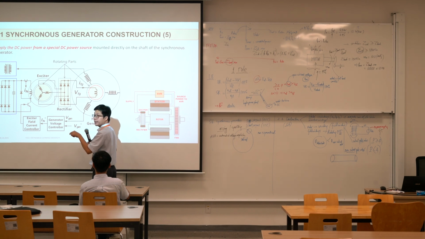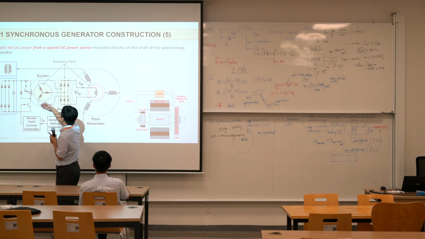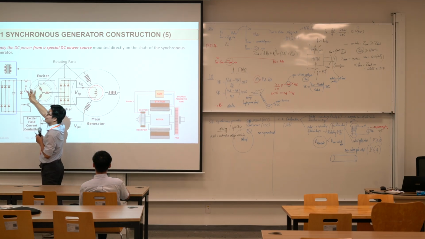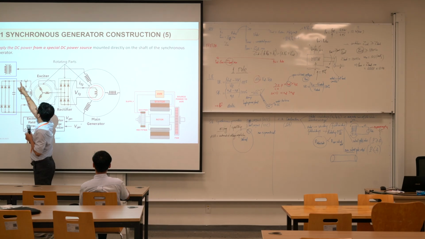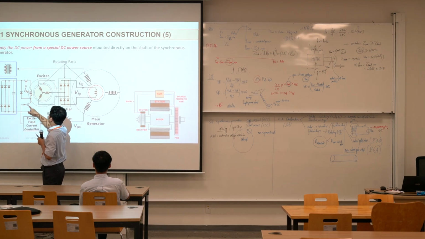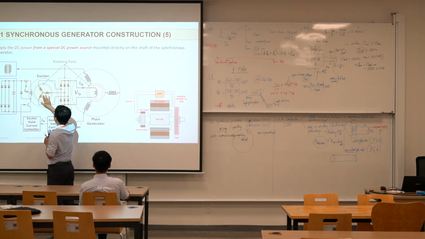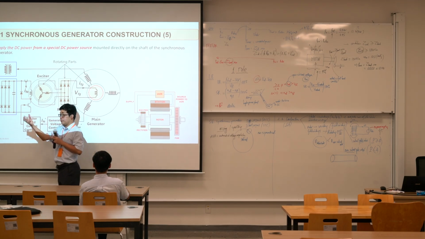Look, this is the rectifier. Because this is the additional generator, this is the field winding. So the DC current will come to this winding and we generate a magnetic field. If the rotor rotates, this winding will induce a voltage.